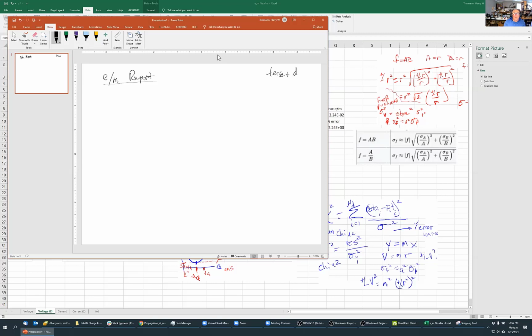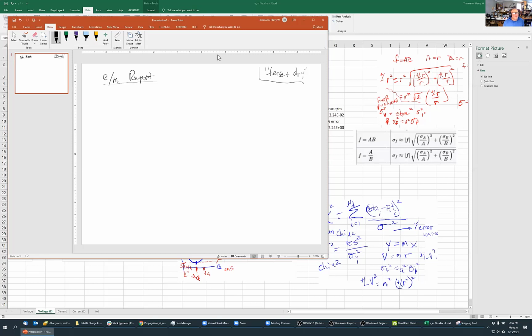So you want to use not quite formal, but you want it to not sound too personal. Like we report on a measurement of such and such, and not go, well, yeah, we did this measurement of E over M, and see the difference.